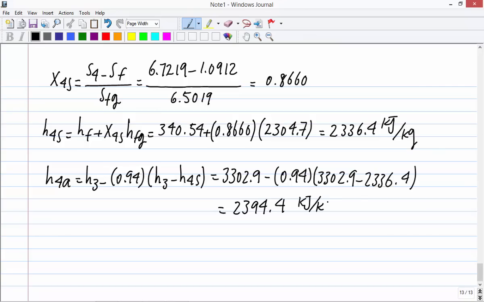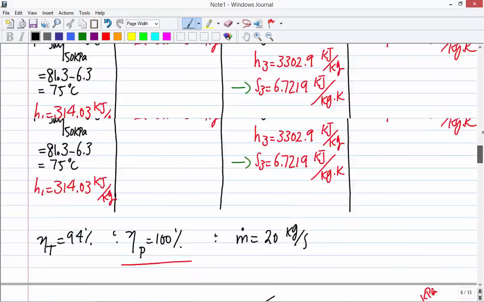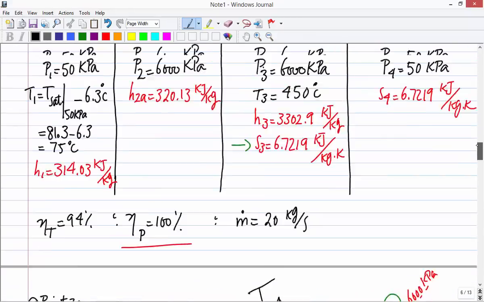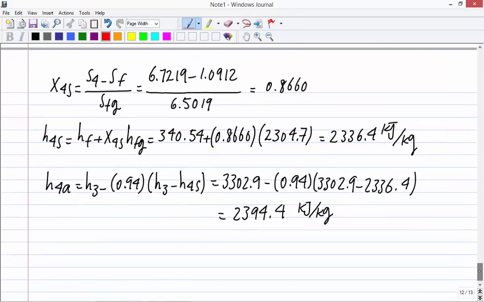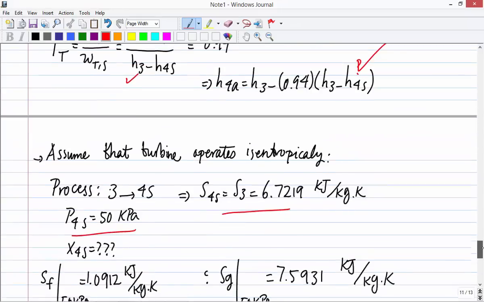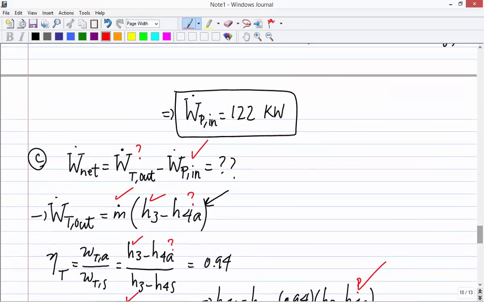Why are we doing all this? Because we're looking for how much work is produced by the turbine. Now we've got that.